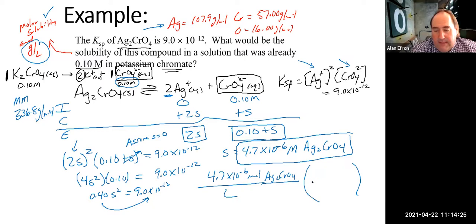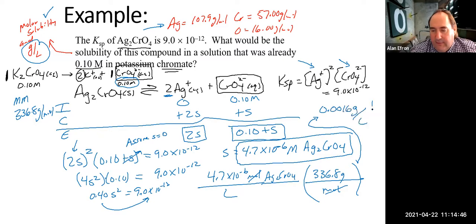So converting this here from moles per liter of silver chromate, using our molar mass here, we're going to multiply by 336.8 grams per mole. Moles will cancel. Times 4.7 times 10 to the minus 6 is 0.0016 grams per liter would be our solubility of silver chromate in this solution.